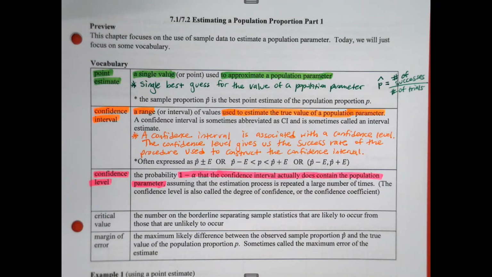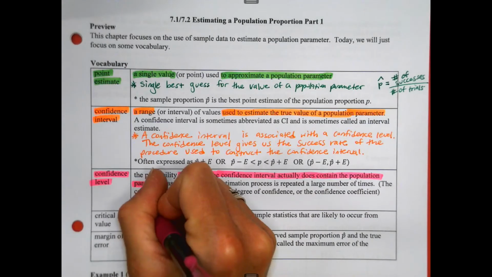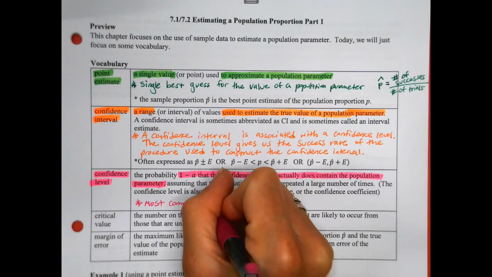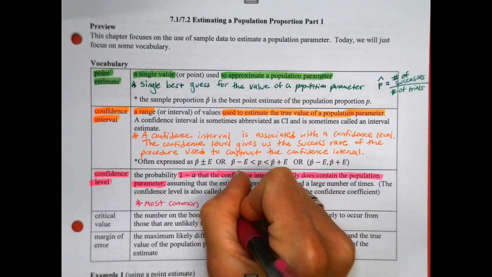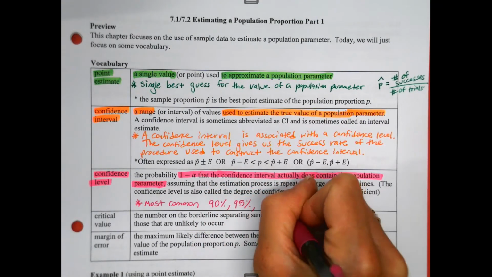The confidence level is also called the degree of confidence or the confidence coefficient. So you might see those written in other textbooks or in other ways. The most common ones are 90%, 95%, and 99%.